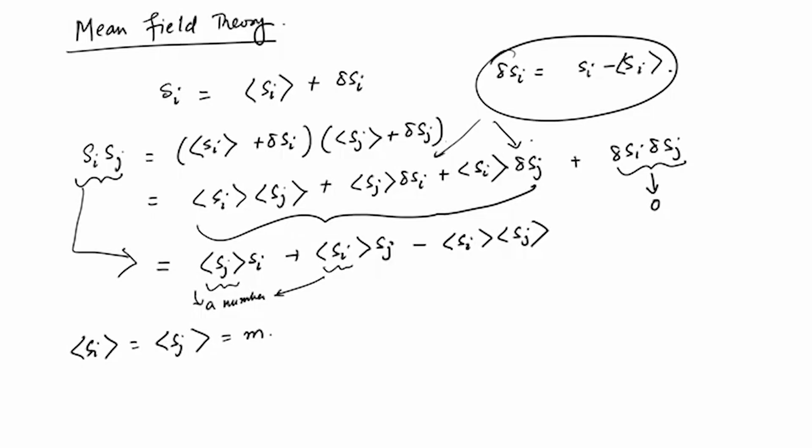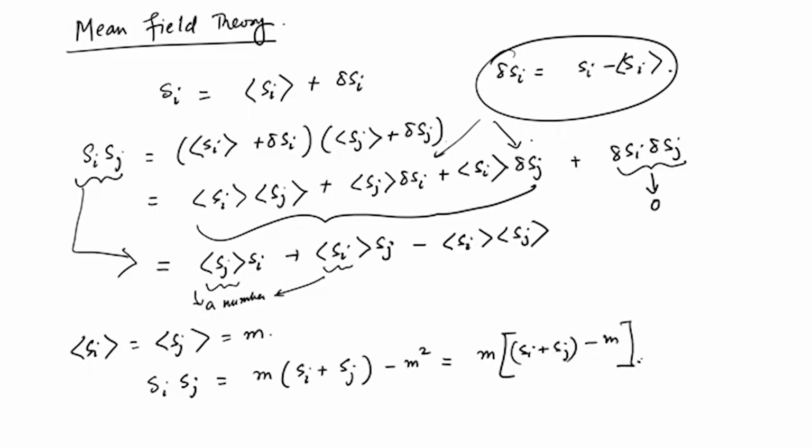So, what Si Sj boils down to is m times (Si plus Sj) minus m square, and then you can take m common and write it as m times (Si plus Sj minus m). This is the one particle Hamiltonian, or the mean field Hamiltonian, that we get. Let us write down this Hamiltonian and see how it can be solved.